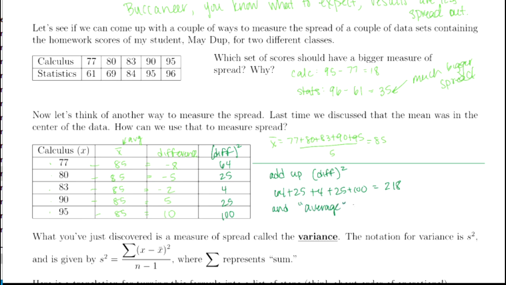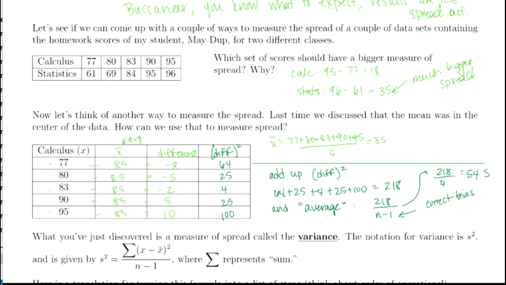So you're going to do 218 divided by n minus 1. This is to correct a bias, because we're using a sample mean instead of a population mean. So you're going to divide by n minus 1. In this case, that would be 218 divided by 4, which is 54.5.